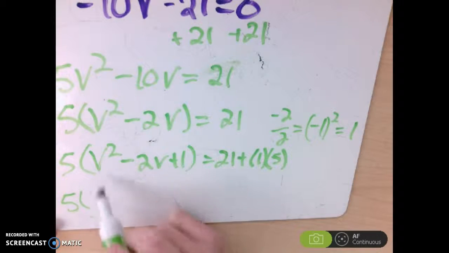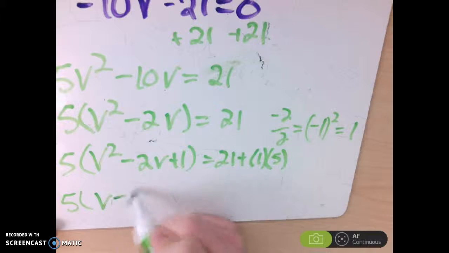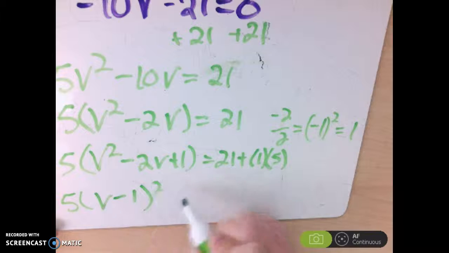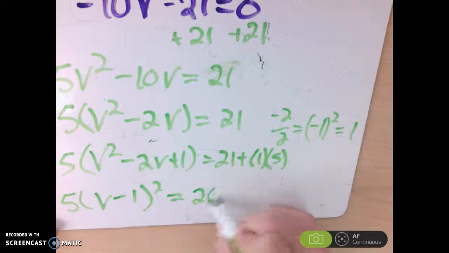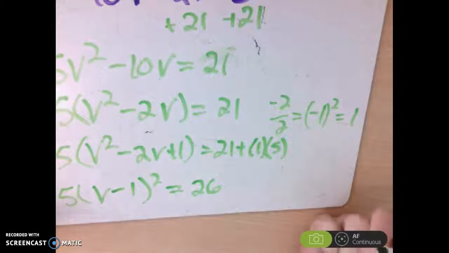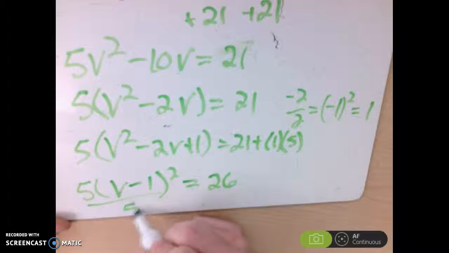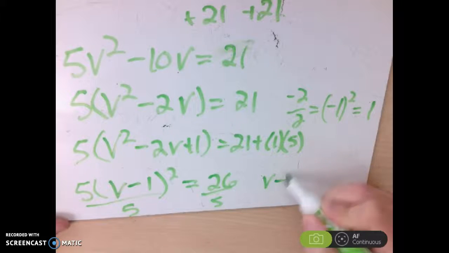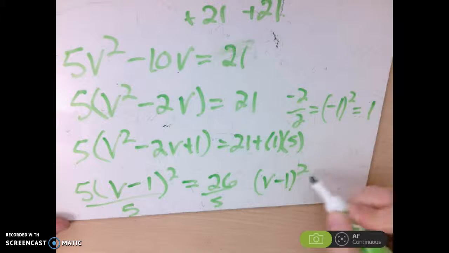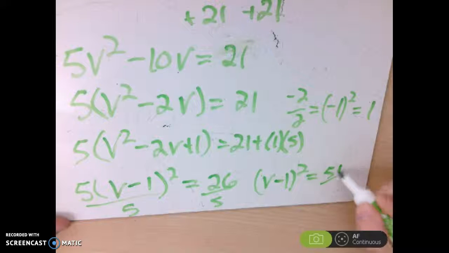So 5 times, and now this is a perfect square again, so I get v minus 1 squared equals 21 plus 5 is 26. And now if I want to solve this, I'll divide by 5, so I get v minus 1 squared equals 5 1/5.